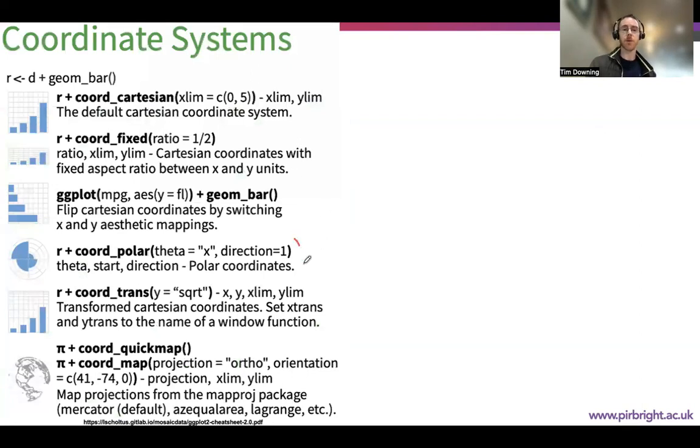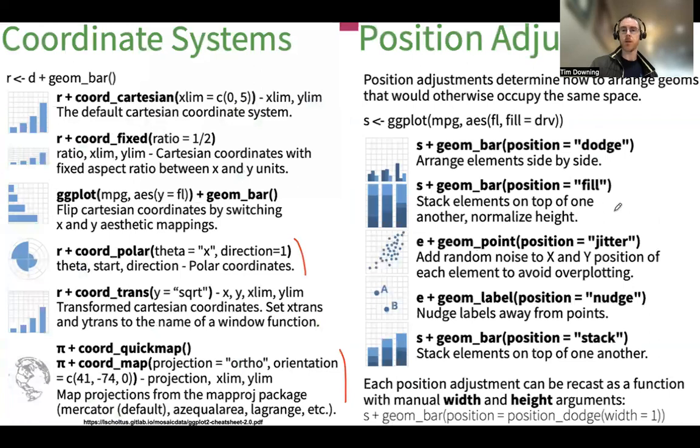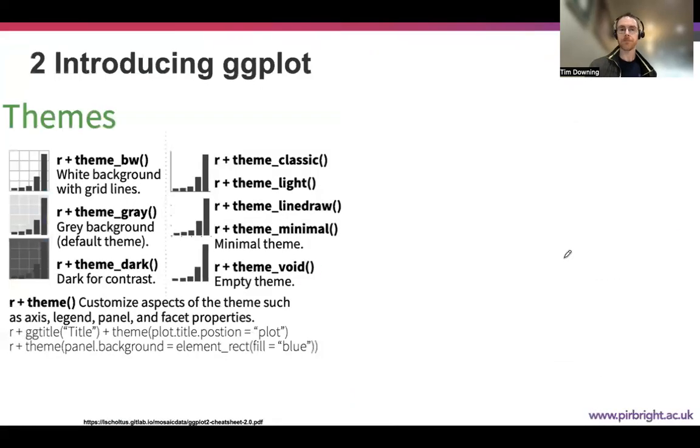So you might use, for example, polar coordinates, or some sort of geographic coordinates if that's relevant for you. Positional ones as well. So you might have a geom point, for example, where we've jittered that to keep the points from overlapping each other would be an example of that.